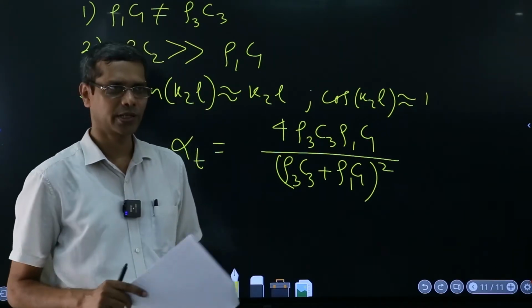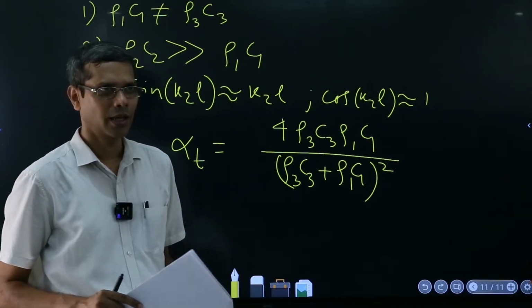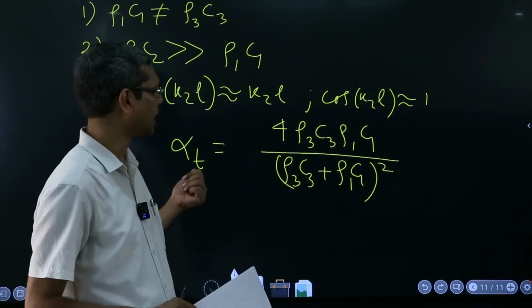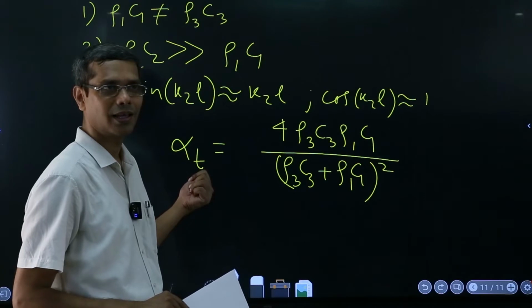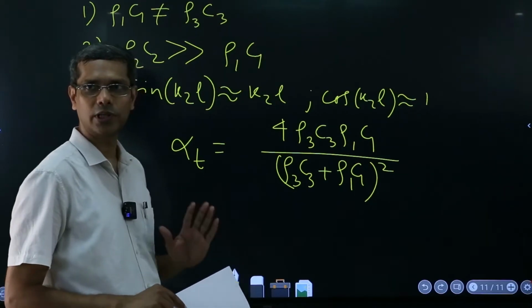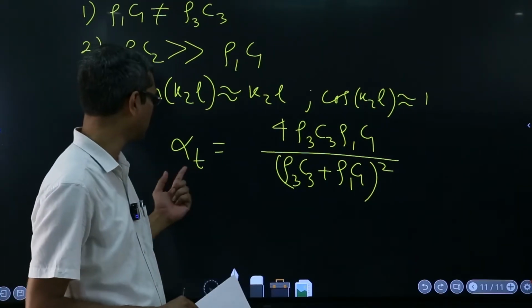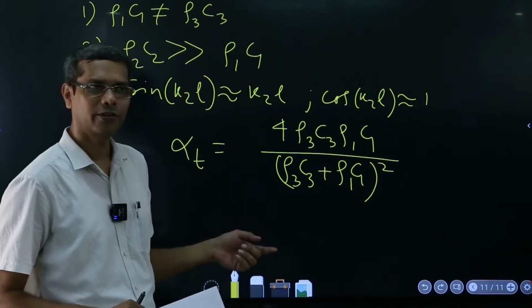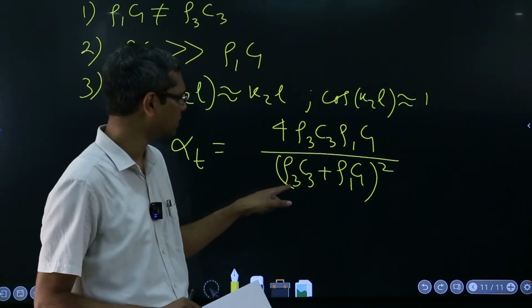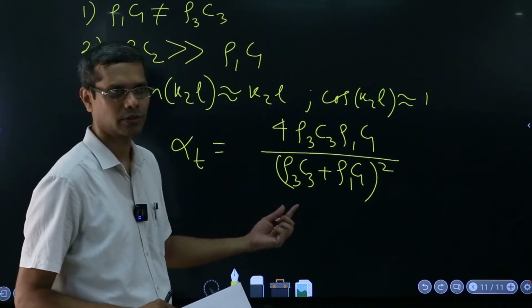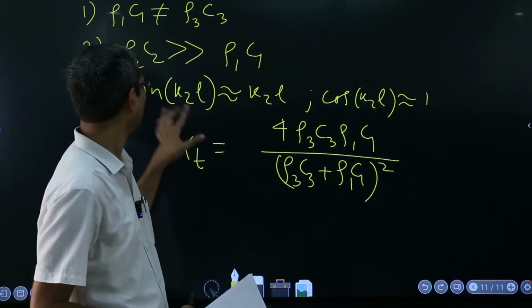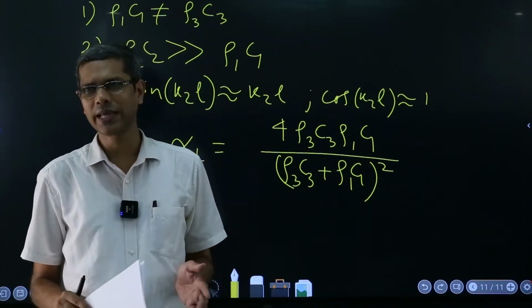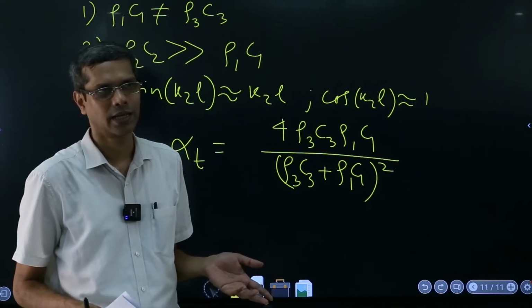You have seen this expression earlier, where we had only two fluids and the transmission coefficient derived was like this, with rho 3 C3 in place of rho 2 C2. That means this intermediate thing which you have now put in is almost like it's not there.